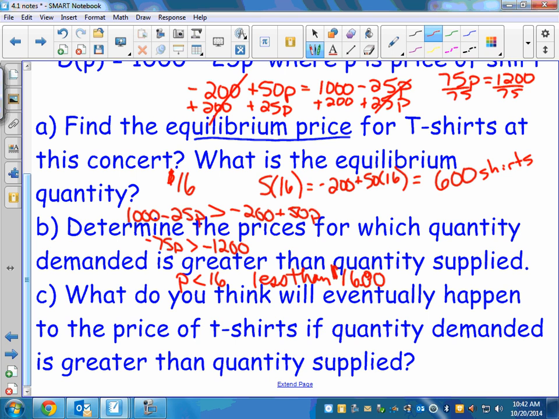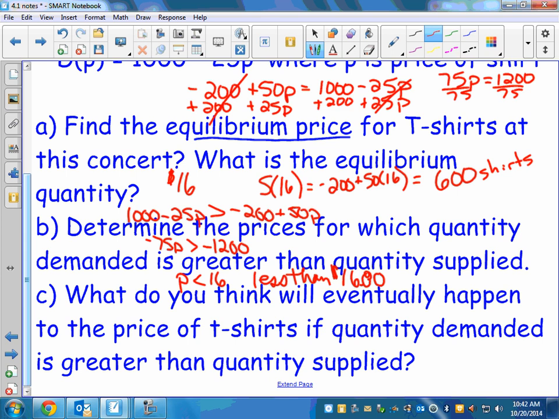This is more of a thinking question, not a lot of math going on here. What do you think will eventually happen to the price of T-shirts if quantity demanded is greater than quantity supplied? What happens every time they say there's a shortage with gas?